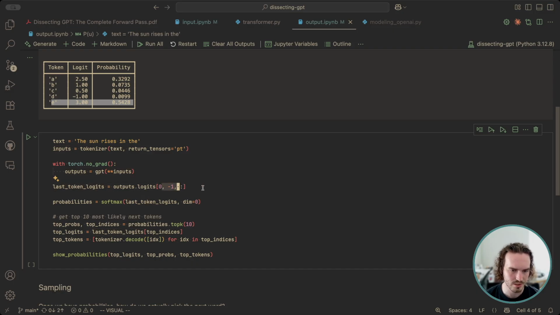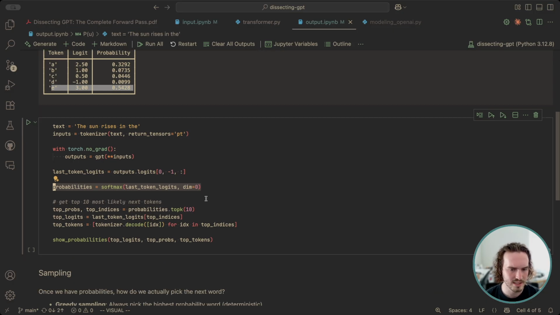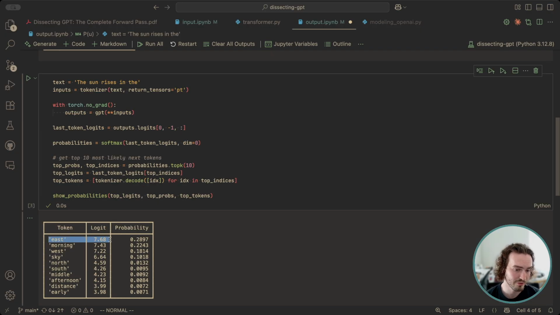So that's what we're going to do. And then we're going to convert those to the probabilities. And then we're going to look at the top 10 most likely next tokens. The first couple results are reasonably true. The sun does rise in the east in the morning, but GPT-1 is not the smartest model, but west is maybe directionally accurate in some way.